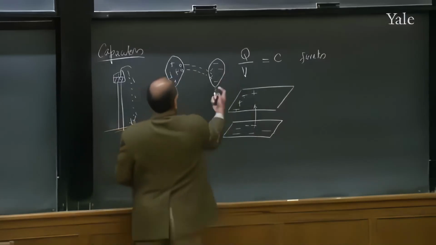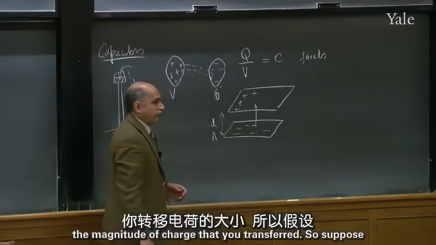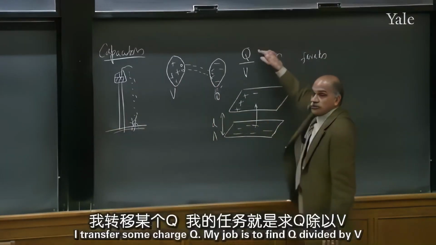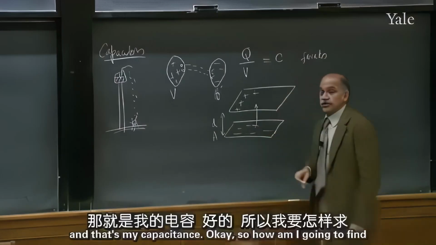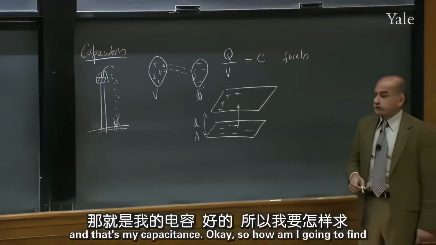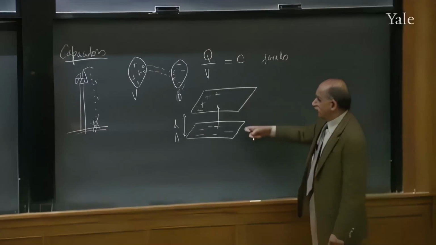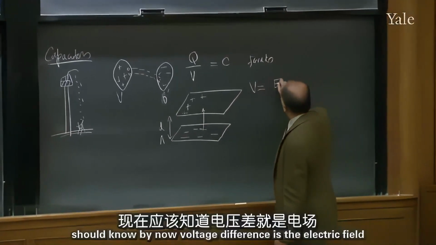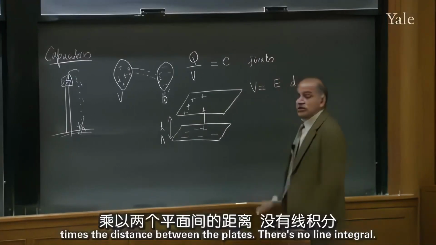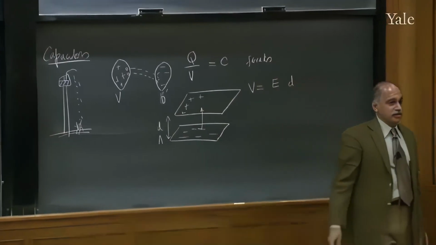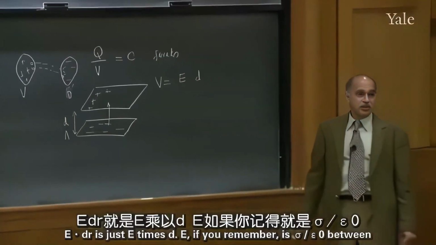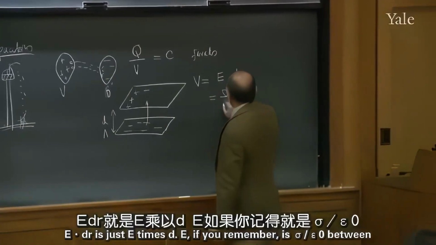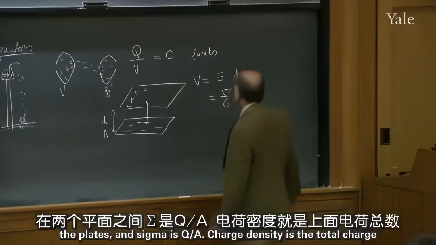So Q stands for the magnitude of charge that you transfer. So suppose I transfer some charge Q. My job is to find Q divided by V, and that's my capacitance. Okay, so how am I going to find the voltage difference between these two? I think you guys should know by now, the voltage difference is the electric field times the distance between the plates. There's no line integral. E dot dr is just E times D. E, if you remember, is sigma over epsilon 0 between the plates.